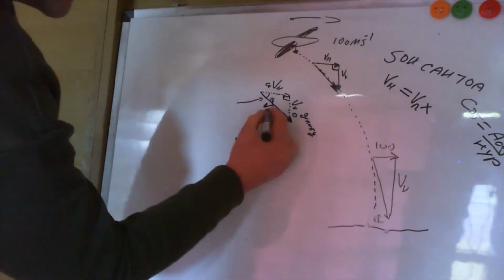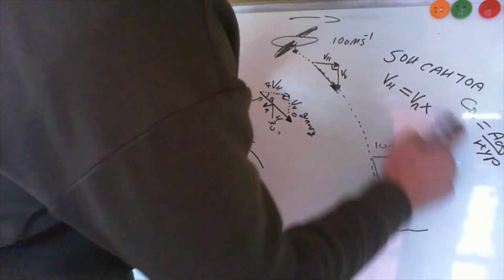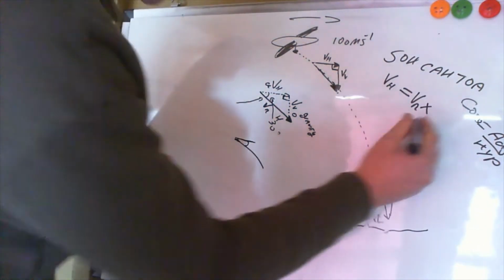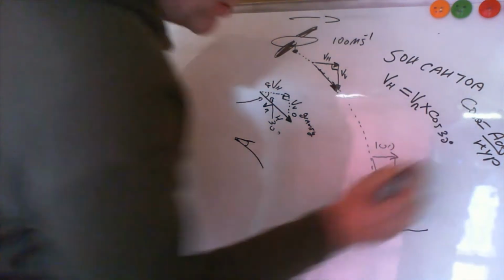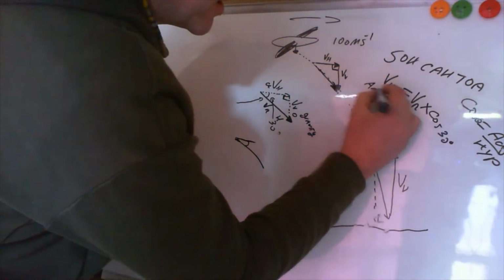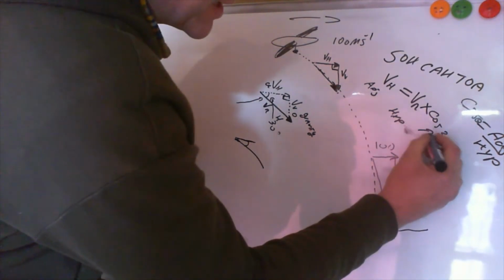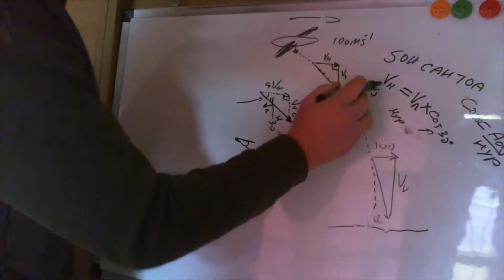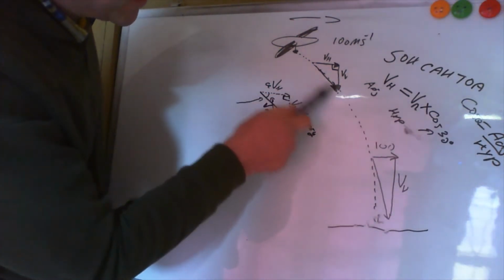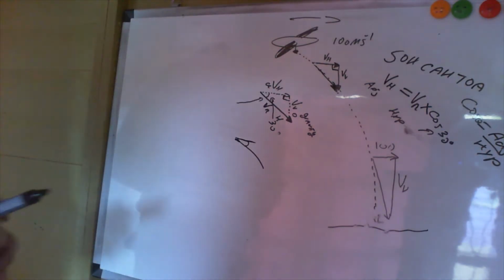And remember VR is the hypotenuse, and if I want to find out the adjacent, I just need to multiply this cos by the hypotenuse, and that's what I'm doing there. I'm transposing this equation, and if you imagine that this is your adjacent, this is the hypotenuse, obviously that's the cos of the angle. So your horizontal velocity is going to be equal to the resultant velocity times the cos of 30. I hope that makes sense.